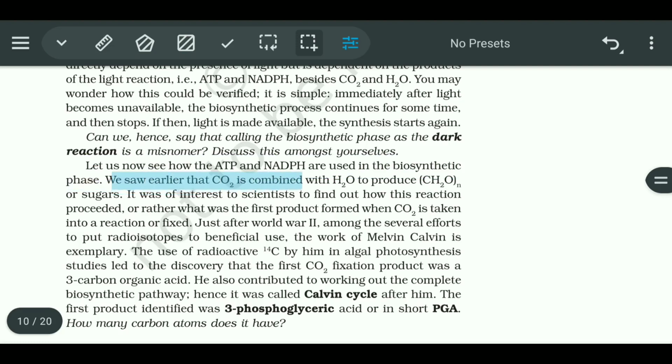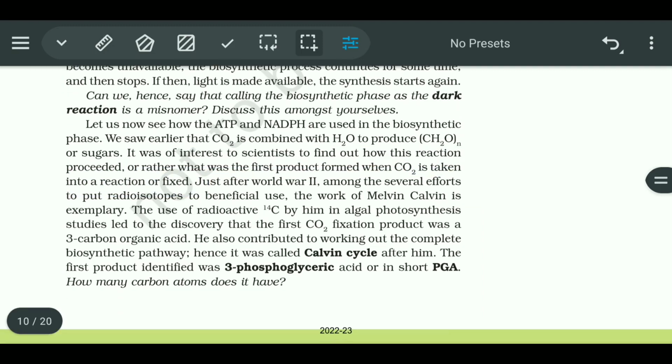We saw earlier that CO2 is combined with H2O to produce (CH2O)n, or sugars. It was of interest to scientists to find out how this reaction proceeded, or rather what was the first product formed when CO2 is taken into a reaction, or fixed. Just after World War II, among several efforts to put radioisotopes to beneficial use, the work of Melvin Calvin is exemplary.